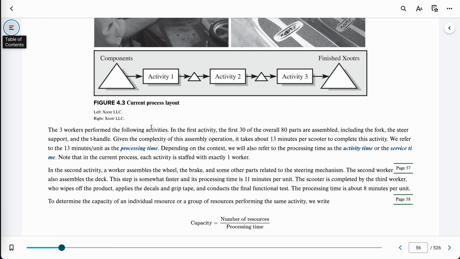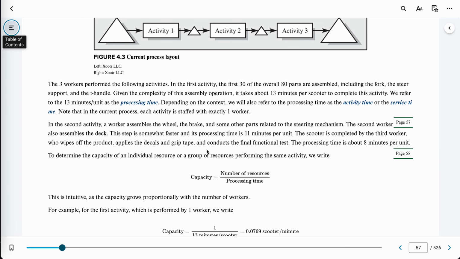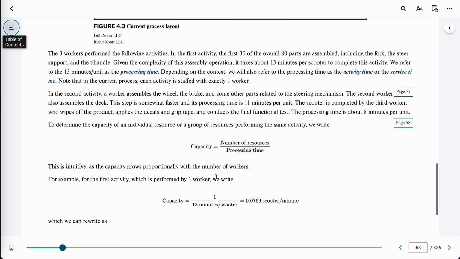Now, based on the analysis that we have done already so far, with all the videos and everything that we've done in class, we can calculate the capacity of this process, right? So the capacity of the process is not difficult to calculate. We calculate the capacity of each of the individual stages of the process, and then we can understand the capacity of the process. So if you're looking at capacity of activity 1, it's 13 minutes per scooter to complete activity 1.